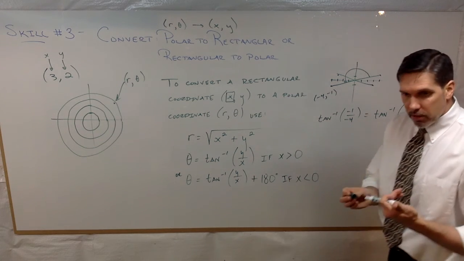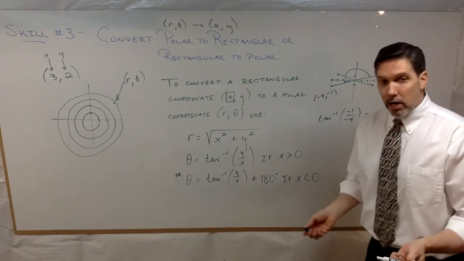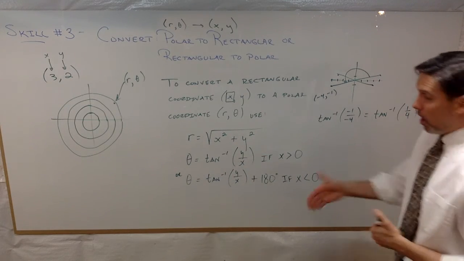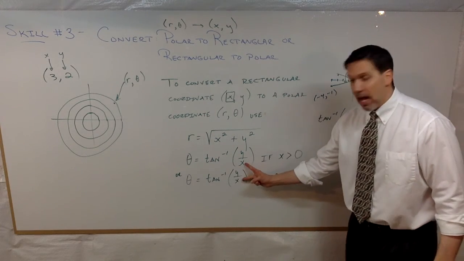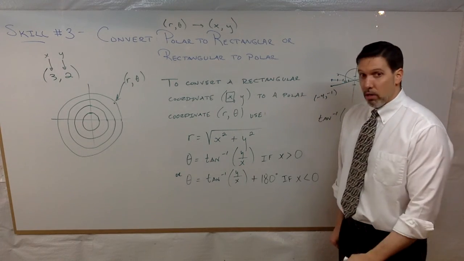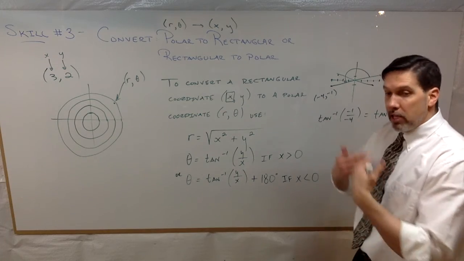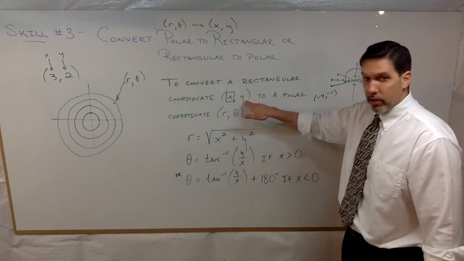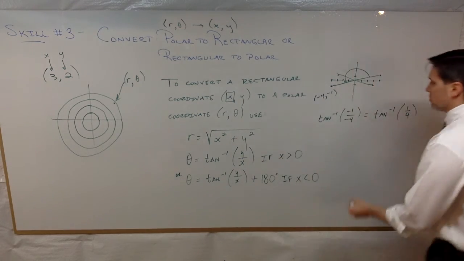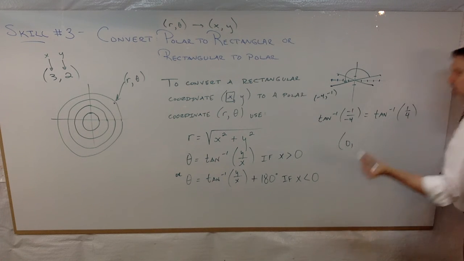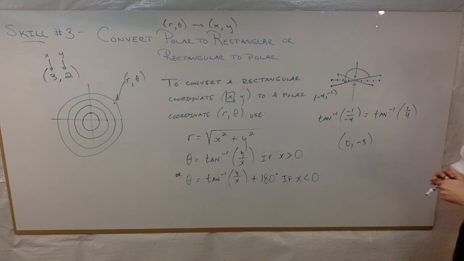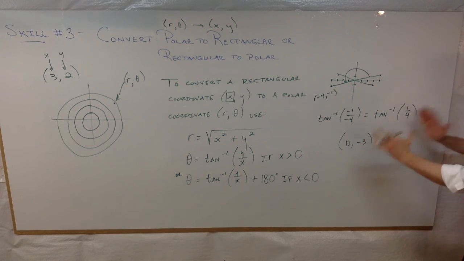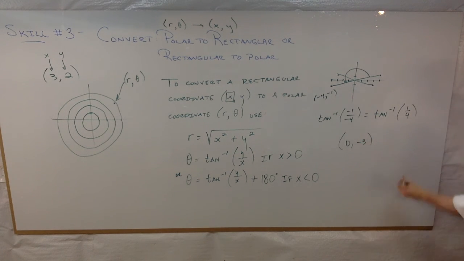Now, there's other issues here. What if you're quadrantal? Quadrantals can be drawn out and figured. So you do have a problem when your x is actually 0. When your x is 0, then you have to appeal to your y coordinate. And you can know where you're at. So if I say, what if x is 0 and then y is negative 3? Well, it doesn't take a whole lot of detective work to figure out where we're at.